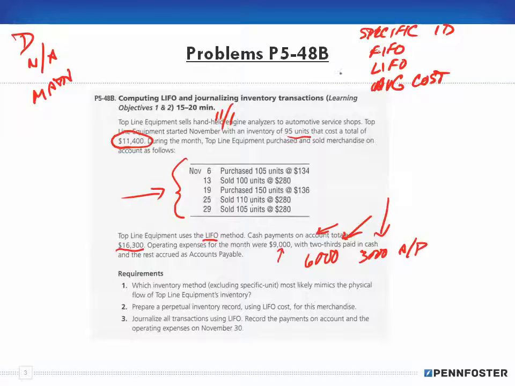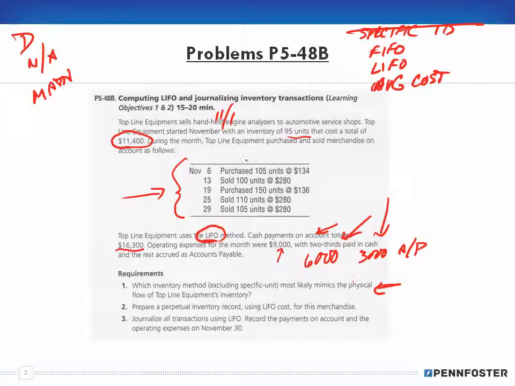You should know those, period, at this point if you've worked through your other homework problems or studied the text. It's asking about the physical flow of Top Line Equipment's inventory. Now remember, Top Line is using LIFO, but this is asking about the physical flow.